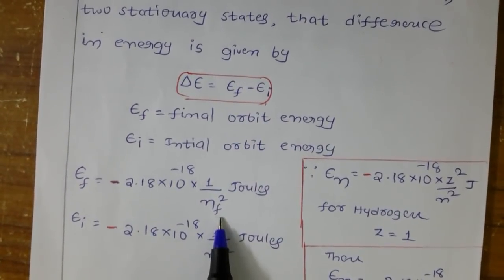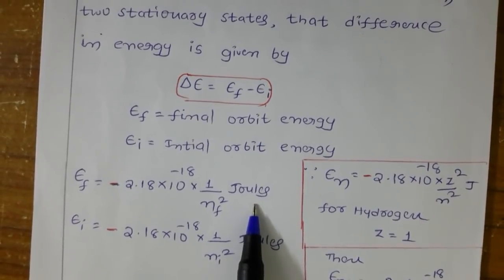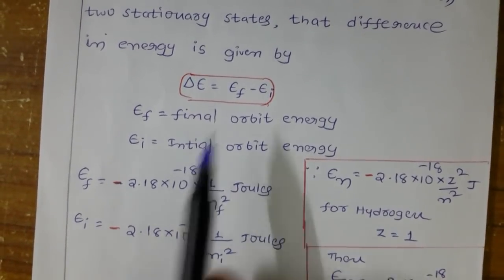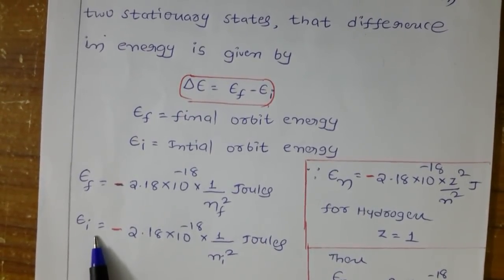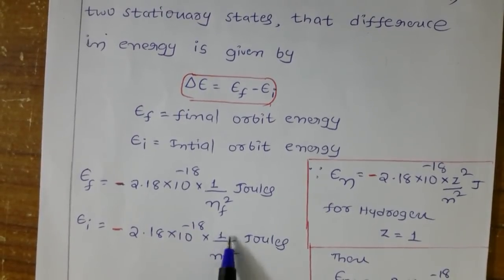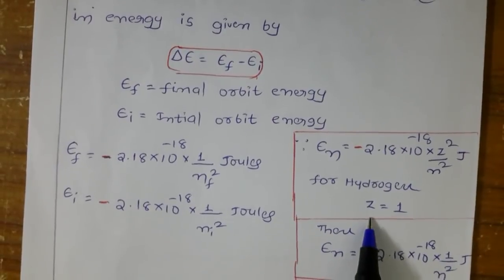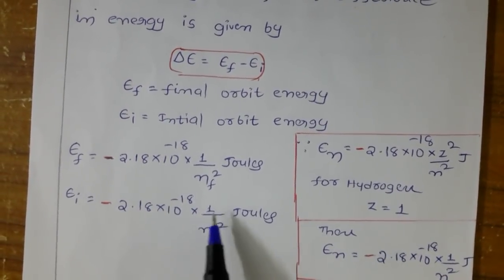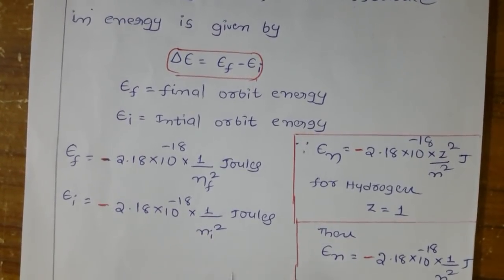Here n is the principal quantum number of the final orbit. Units are joules. Next, E initial: the energy of the initial orbit equals the same, minus 2.18 into 10 to the power of minus 18 into 1 by, again because in the expression Z equal to 1, so the equation becomes 1 by n initial square joules.